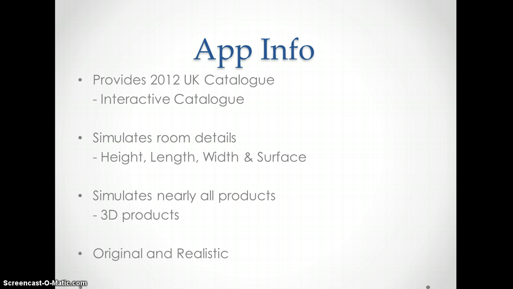So it's pretty interactive. Now, the simulation itself, how does it work? Basically, one does enter the details of the room, the height, the length, the width, and the surface. If he or she wishes to provide this information, the app creates a realistic room in 3D, of course.